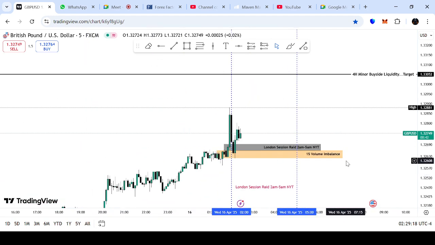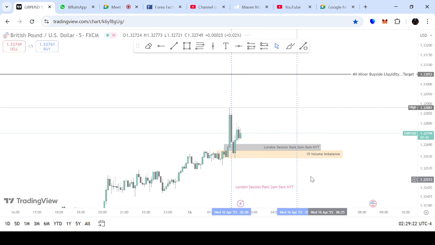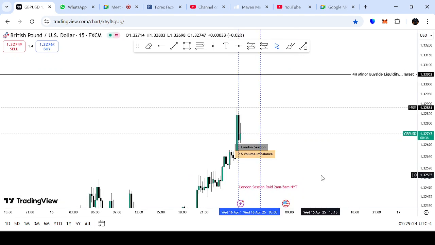That's 15 minutes volume imbalance. That's a 15 minutes volume imbalance.